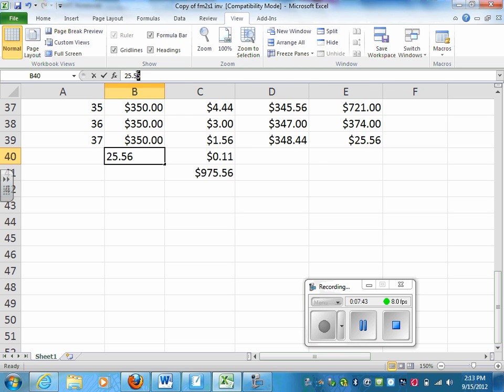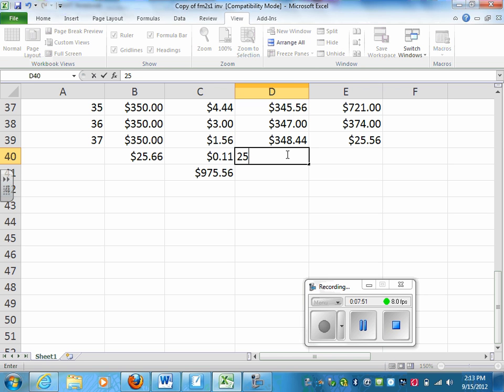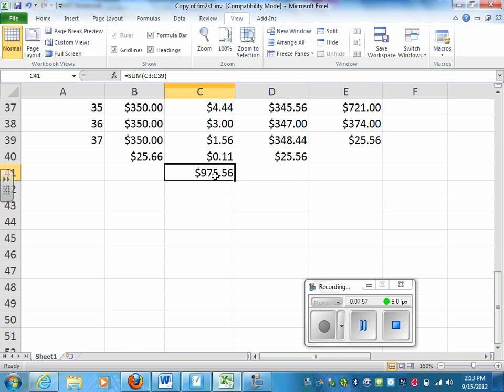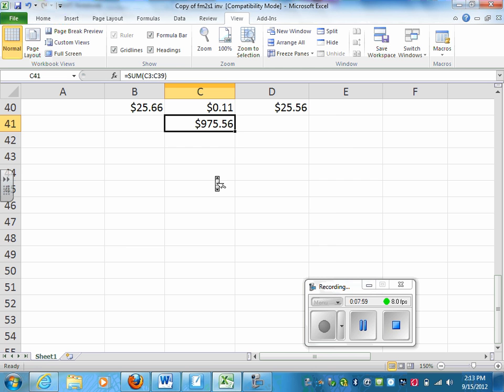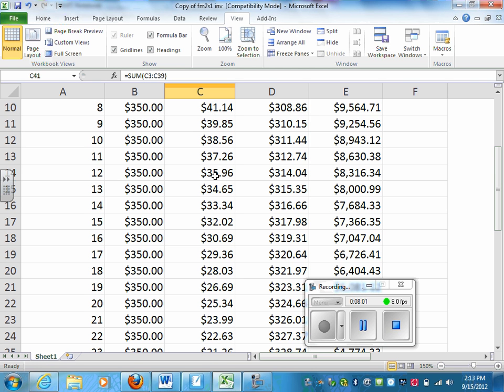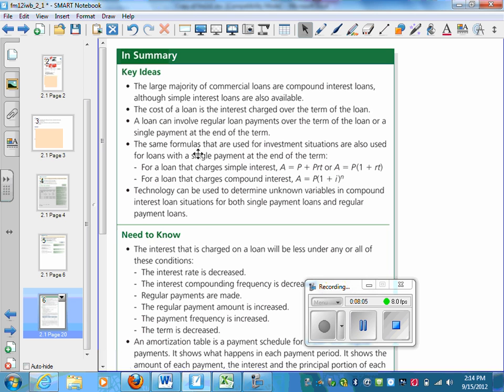So he would have to actually pay 25.66, with 25.56 going towards his loan. So there you go. His total for this loan to buy his watercraft is $975.56. Okay, so that's called the cost of the loan.